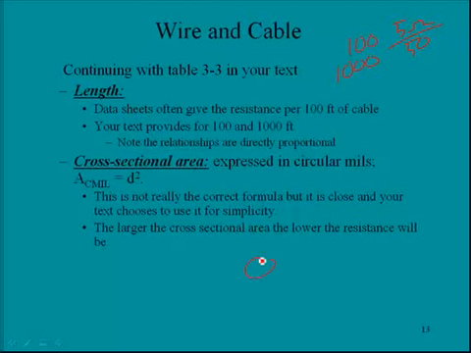So if you have 2 cables, let's pretend these are 2 cables here, and this one has a larger cross-sectional area than this one. So this wire with the larger cross-sectional area will offer a reduced amount of resistance than the same material, only at a smaller circular cross-sectional area.